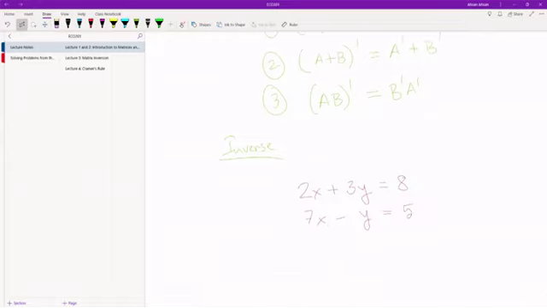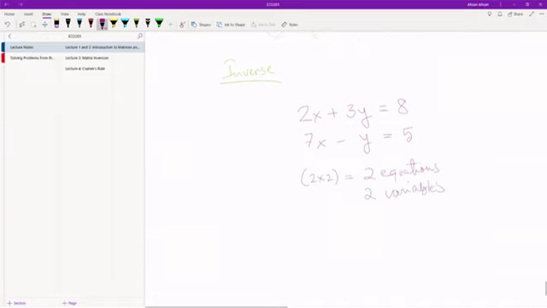And as we talked about, this is a 2 by 2 system. What does that mean? It means we have two equations and we have two variables.